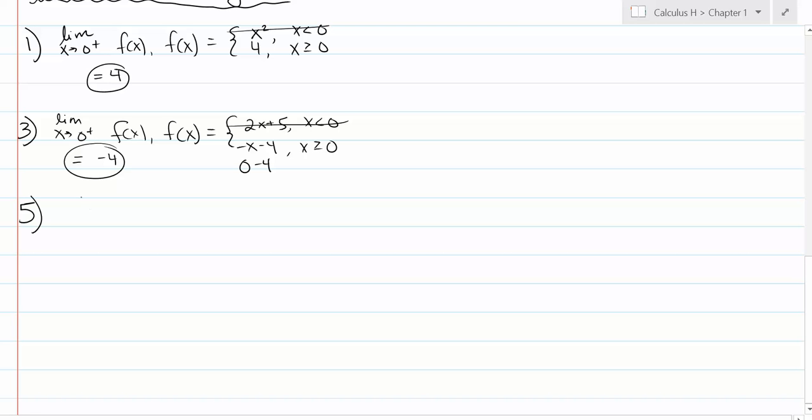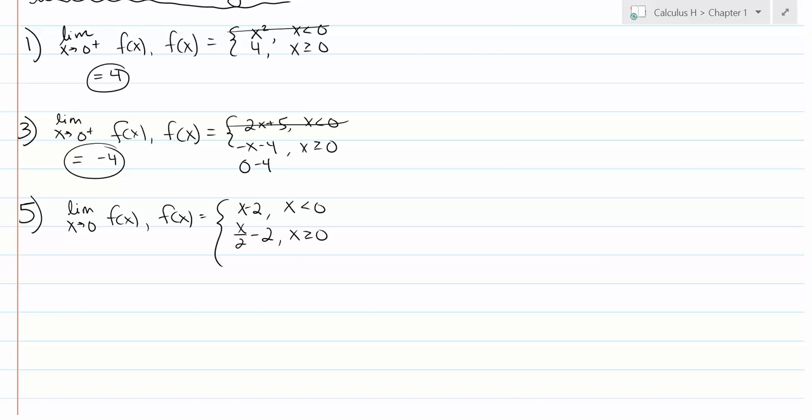Okay, number 5. The limit as x approaches 0 of f of x, given that f of x equals x minus 2 when x is less than 0, and x over 2 minus 2 when x is greater than or equal to 0. We need to make sure we have the same limit from the left and right.